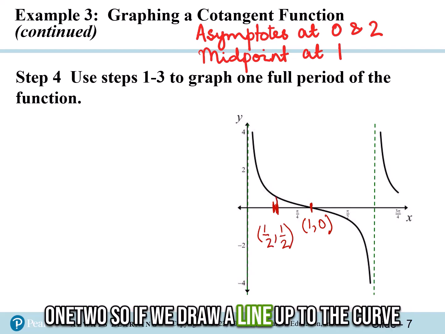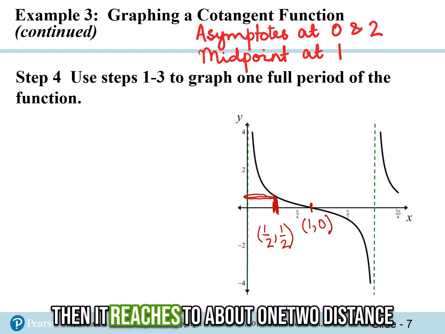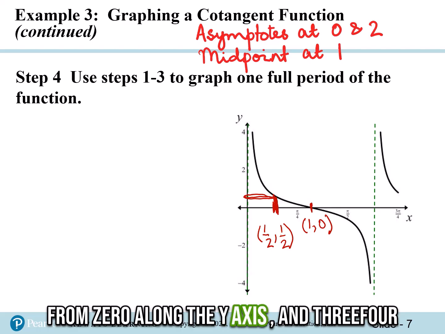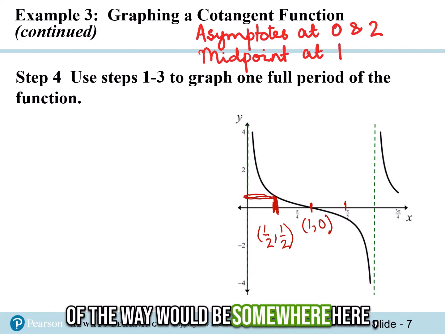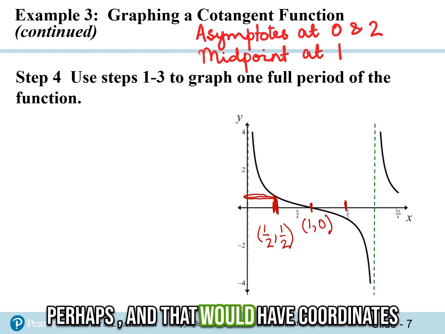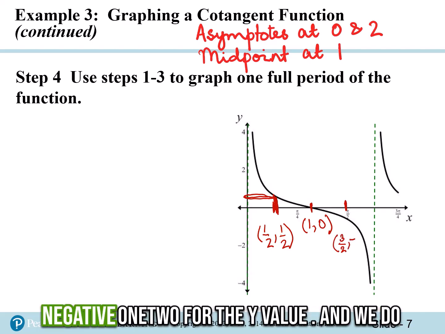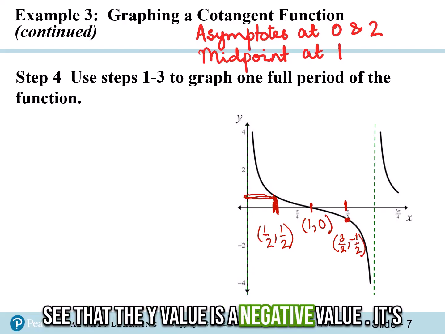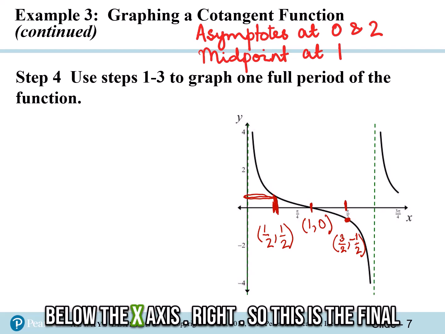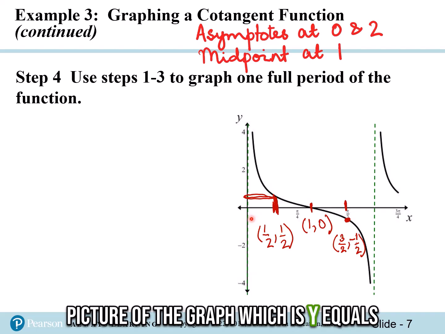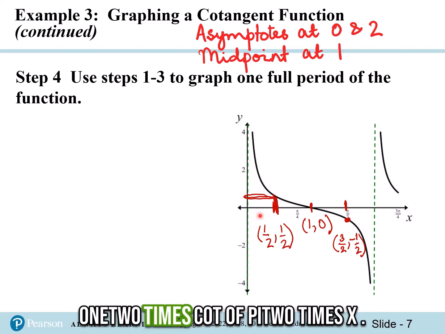So if we draw a line up to the curve, it reaches about 1/2 distance from 0 along the y-axis, and 3/4 of the way would be somewhere here perhaps, and that would have coordinates 3 divided by 2 for the x value and -1/2 for the y value, and we do see that the y value is a negative value. It's below the x-axis, right? So this is the final picture of the graph, which is y equals 1/2 times cot of pi over 2 times x.